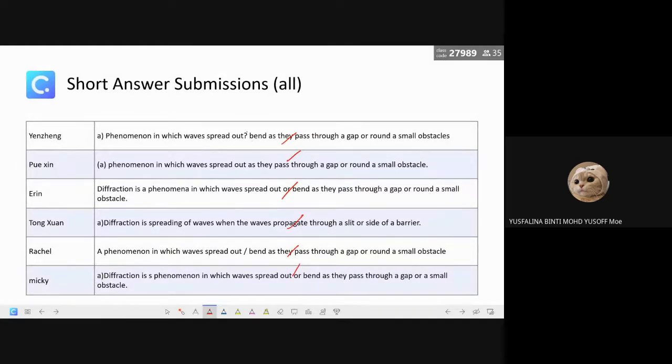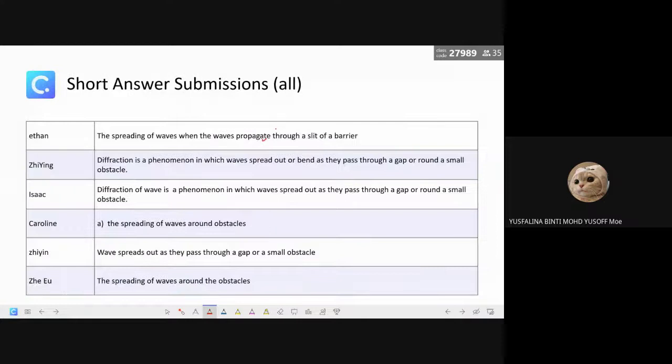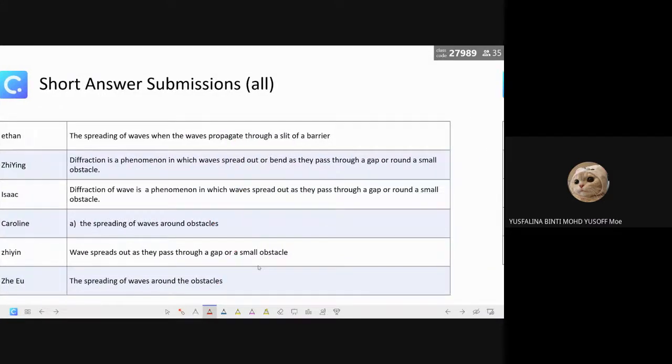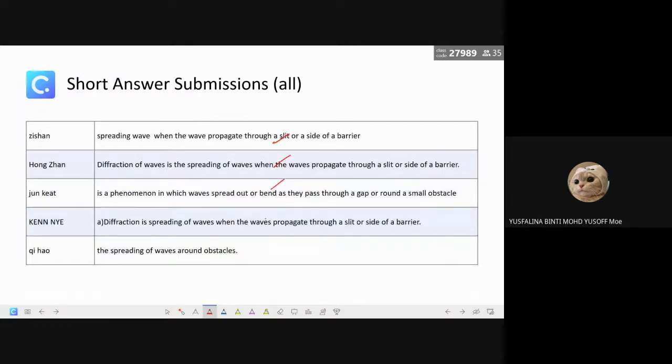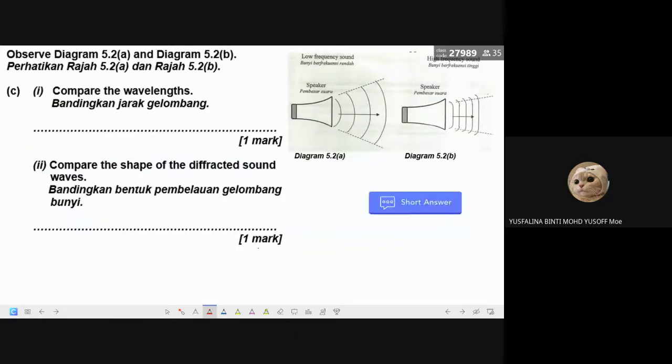This one maybe you want to put a slash, right? Okay, so I think this will be the last one. Then we will stop. So you have to compare the wavelength and also compare the shape of the diffracted sound wave.